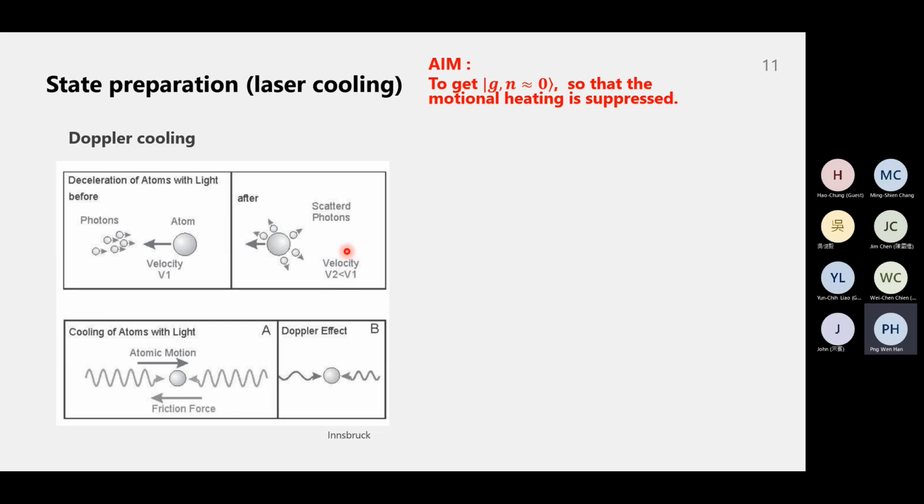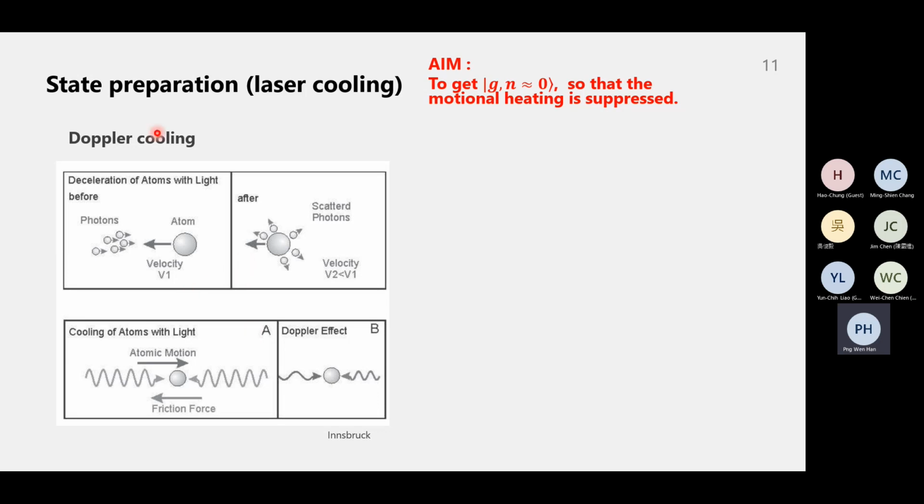But the tricky thing is that the light has to be in resonance with the atom. Then the atom can absorb the photon and the momentum, which in turn gives the deceleration. But the hot ion or atom is moving constantly, so it's quite tricky to do this cooling.